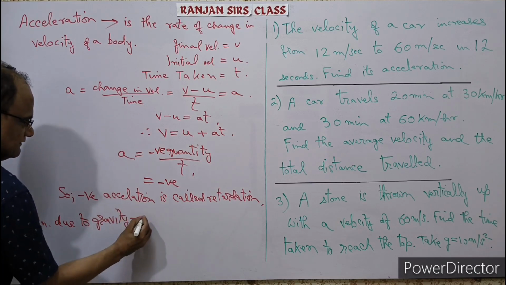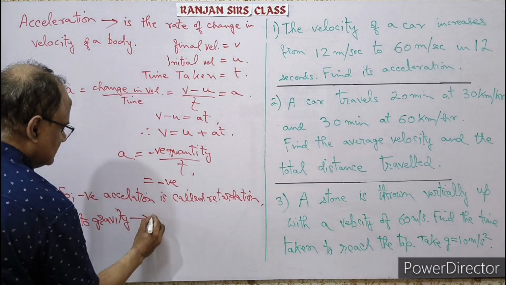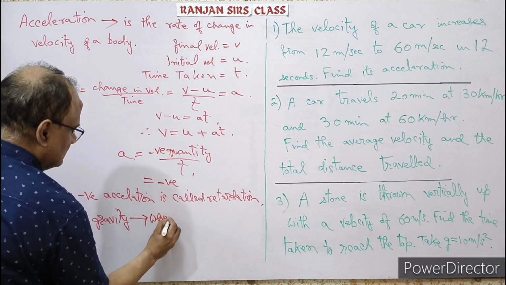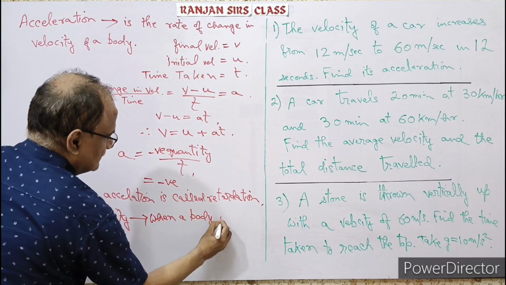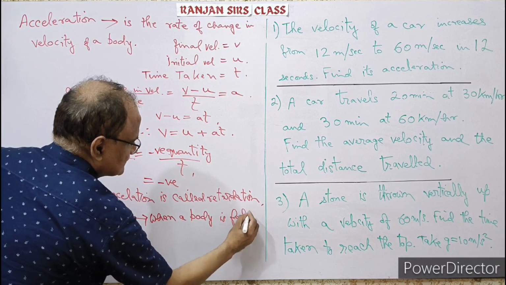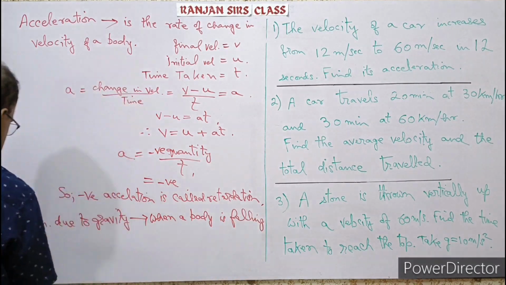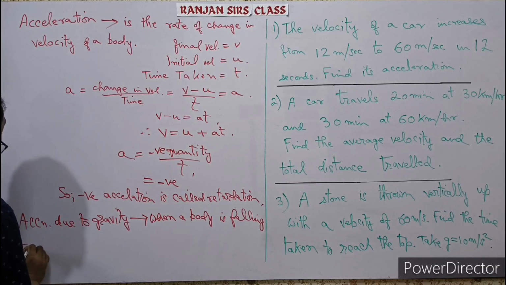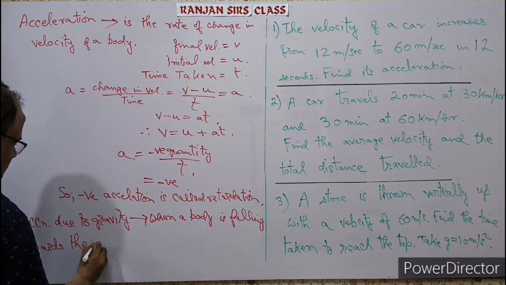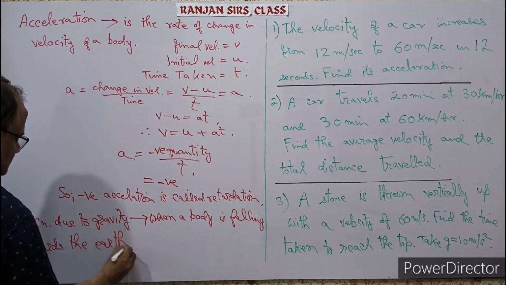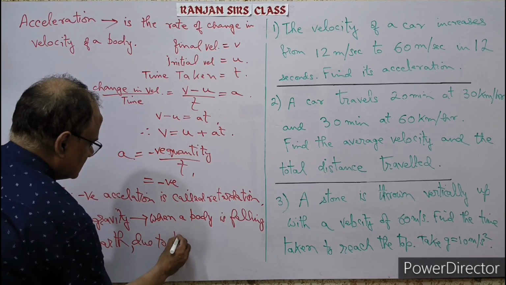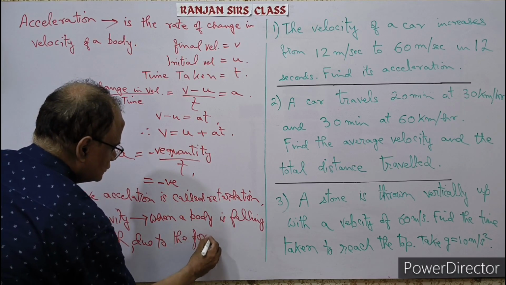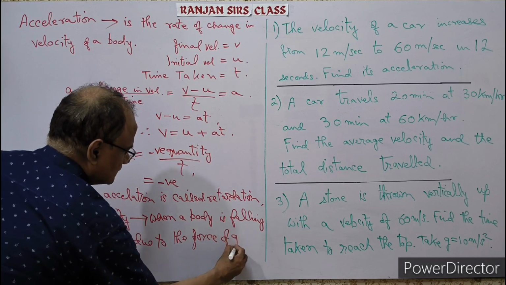When a body, any body, is falling towards the earth, why? Because the earth is pulling it towards the earth due to the force of gravity.